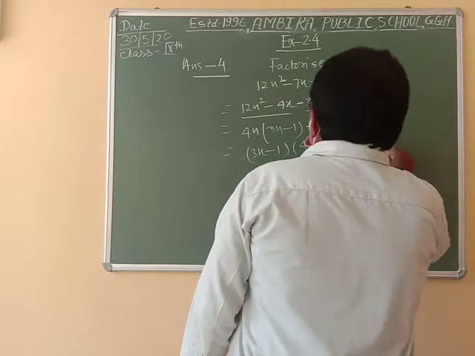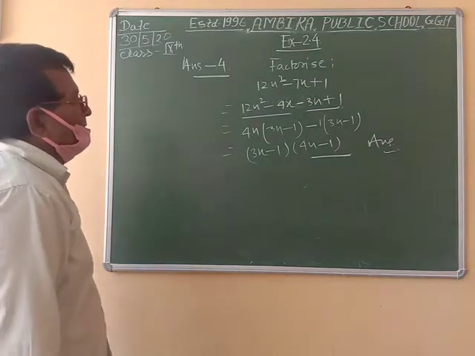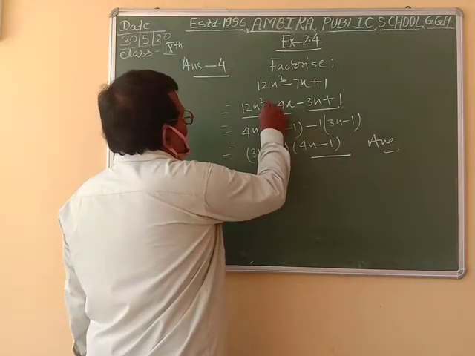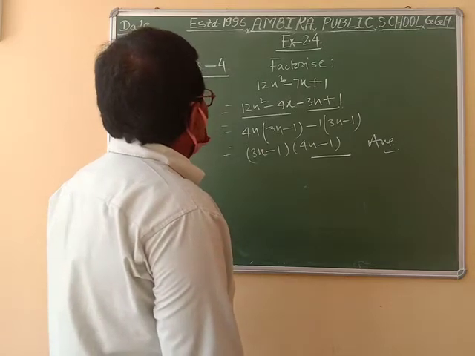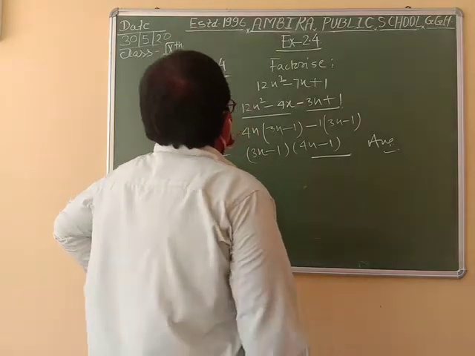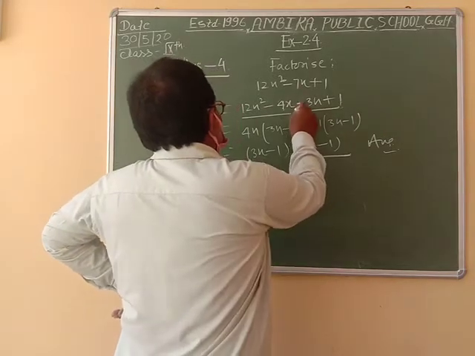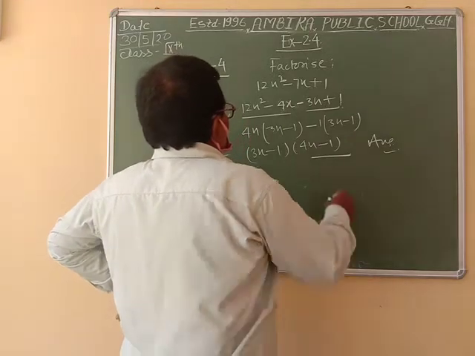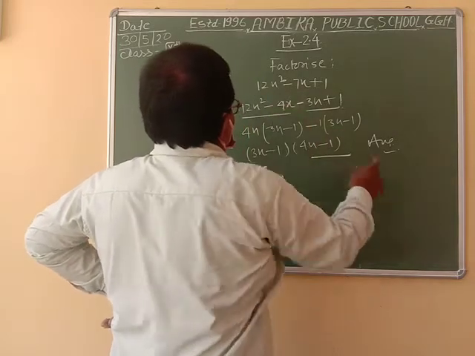Answer. If we have to factorize 12x square minus 7x plus 1, we take minus 4x and minus 3x, because if we add minus 4x and minus 3x, we get minus 7x, and if we multiply, we get 12x squared.